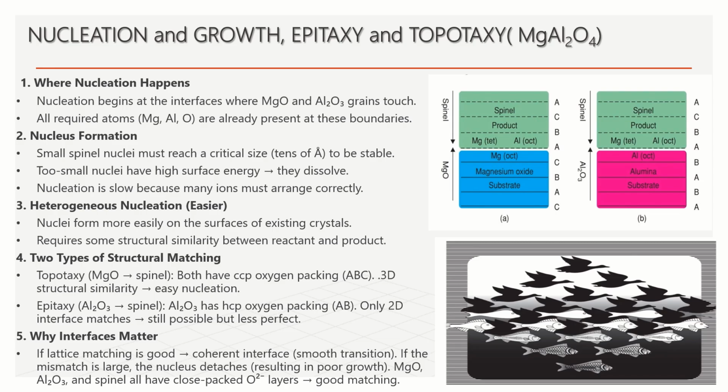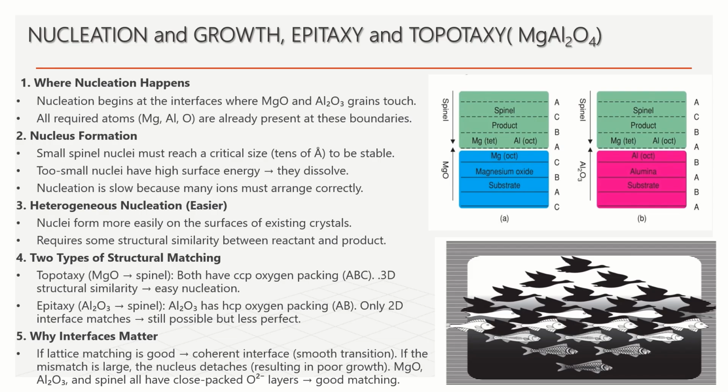But these baby crystals cannot be too small. If they are only 1 or 2 atoms thick, they collapse immediately. To survive, they must reach a certain critical size, usually several tens of angstroms, which means that they must contain many tens of atoms. This happens because two energies are fighting each other.